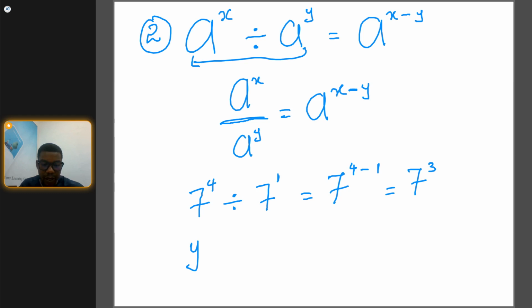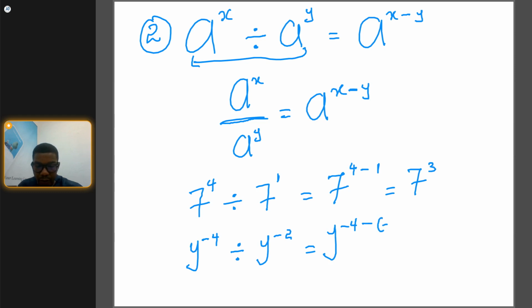Y raised to power minus 4 divided by y raised to power minus 2. That will give us y minus 4. That's the first power. Division changes to minus. All right. Then we have minus 2 here. So I will still advise that you put it in a bracket.